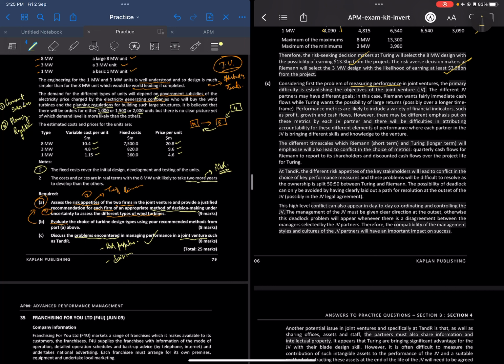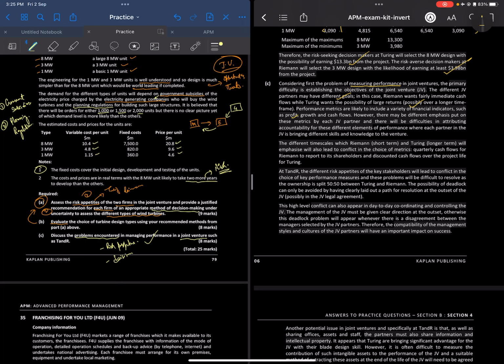The primary difficulty is establishing the objective of the JV. The different partners have different goals. Raymond wants immediate cash flow, whereas Turing wants large returns, possibly over a longer period of time. So performance metrics will likely need to include a variety of financial indicators such as profit.